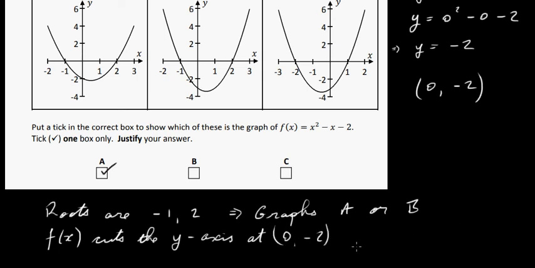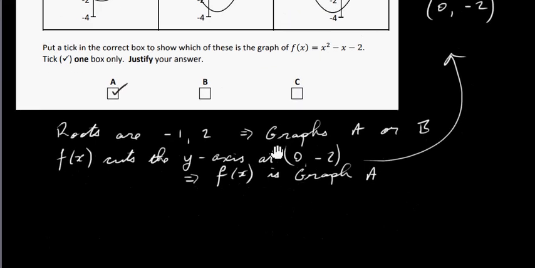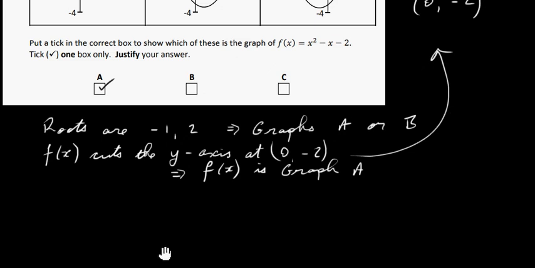So you would do this here. So that implies f of x is graph A. So that would be your justification here, or words to that effect anyway. Okay, so that's it for these two questions.